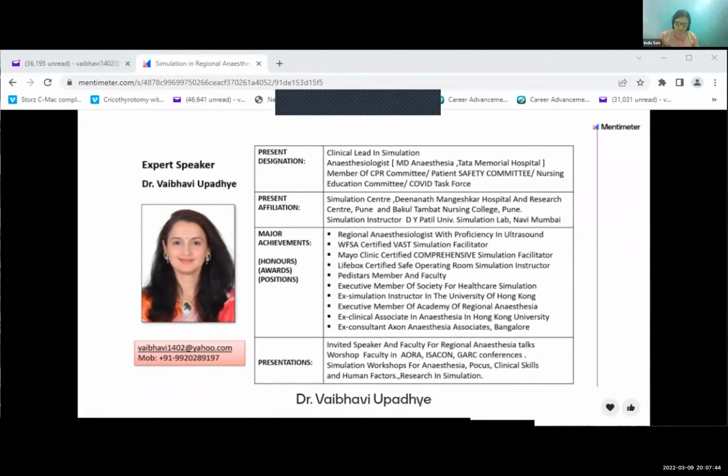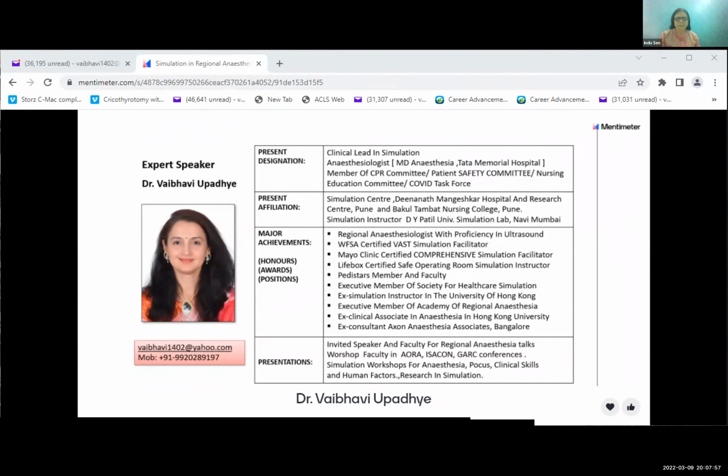Vaibhavi. And as we all know, regional anesthesia is an important tool in the armamentarium of the anesthesiologist, either alone or in combination with general anesthesia. So Dr. Vaibhavi will be talking about simulation-based regional anesthesia, and she is clinical lead in simulation.